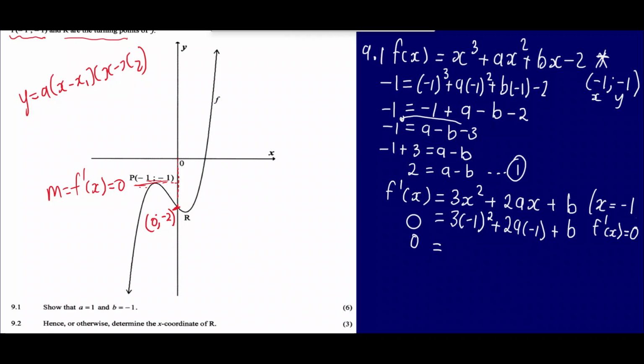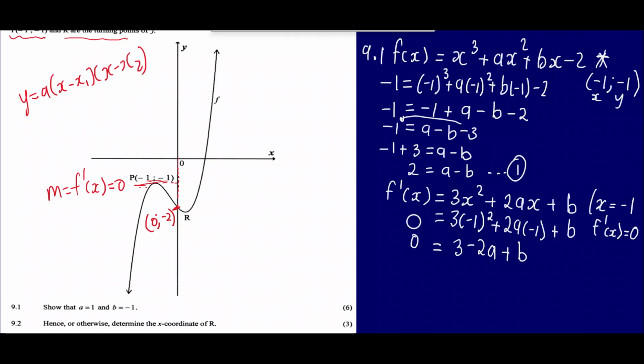If we punch this on the calculator, we'll get 3, minus 2a plus b.